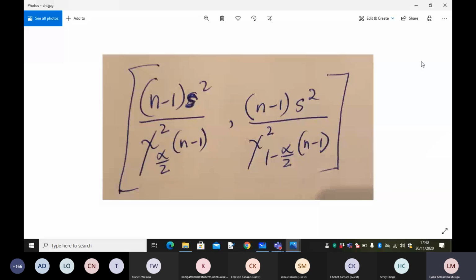That is the lower value of the confidence interval. What about the upper value? N minus 1 S squared over chi 1 minus alpha over 2 with degrees of freedom n minus 1. Let me give you a minute or two to copy that.